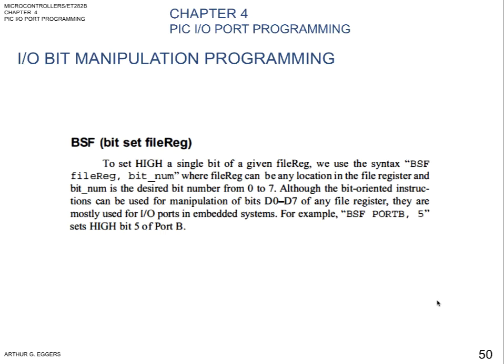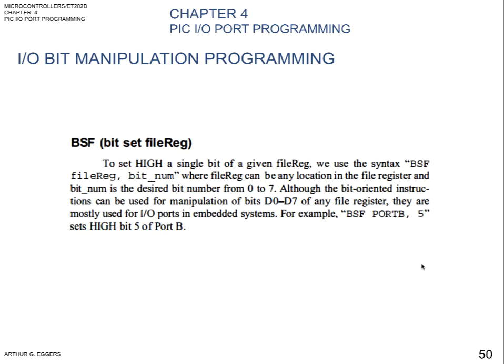So if you take a look in your text, the information about each of those instructions: BSF, bit set file register, sets high a single bit of a given file register and location.